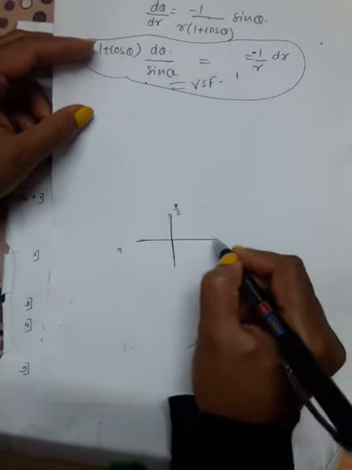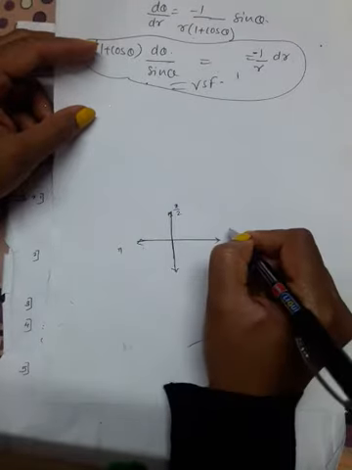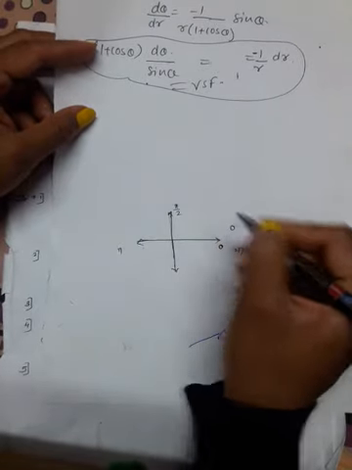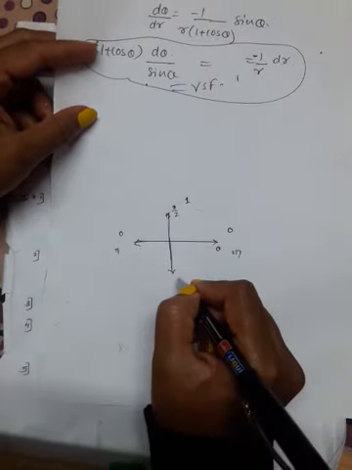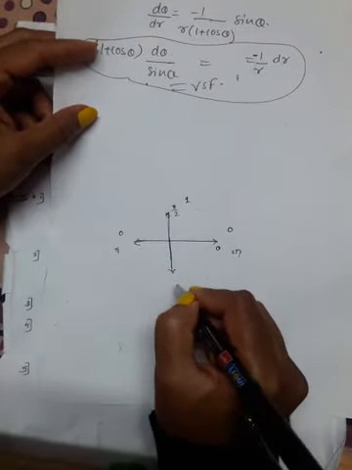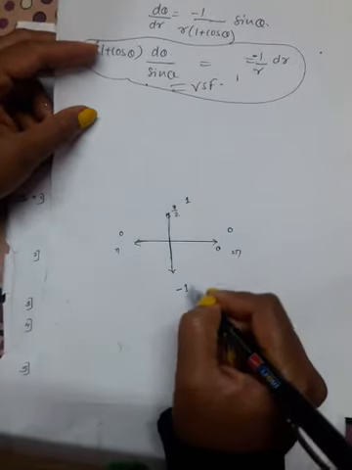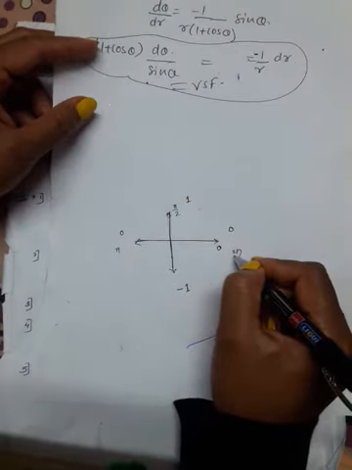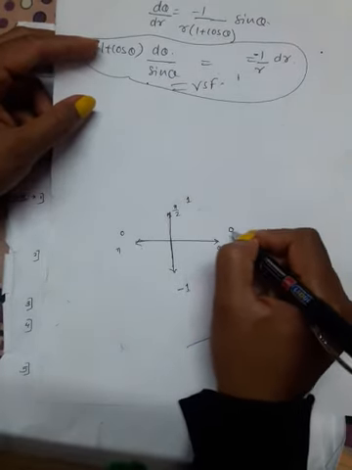If you start with the sine, sine 0 is 0, sine 90 is 1, sine pi is again 0, sine 270 is the opposite of 1, that is minus 1, and sine of 2 pi, 360 degrees, is again 0.